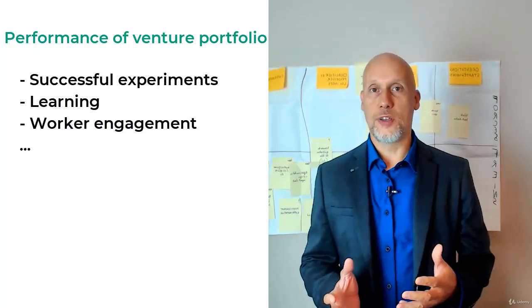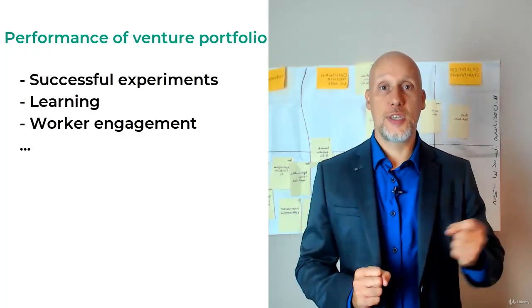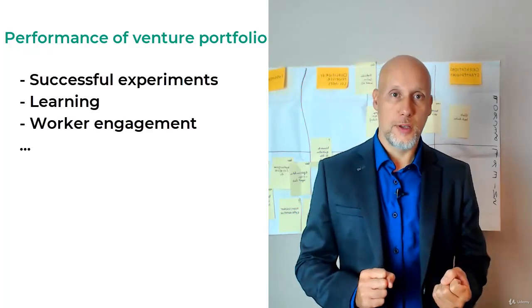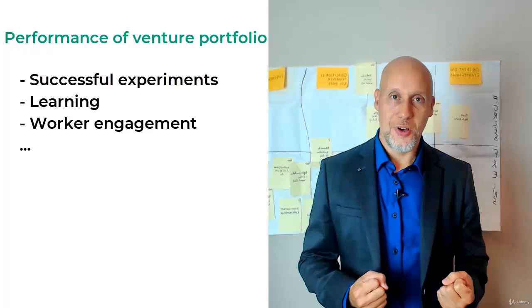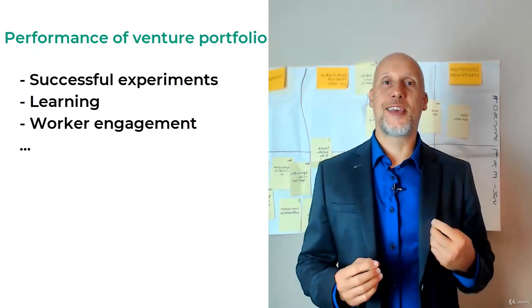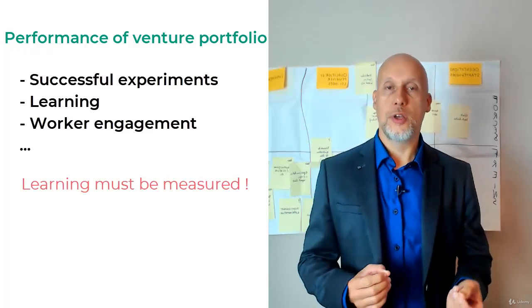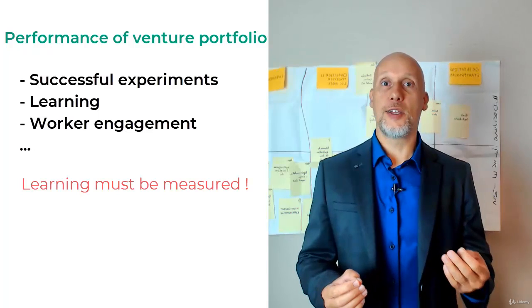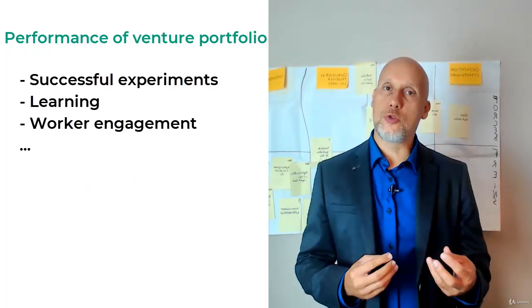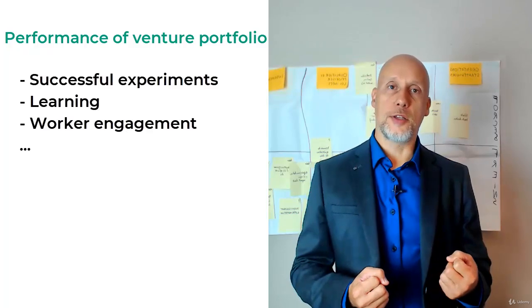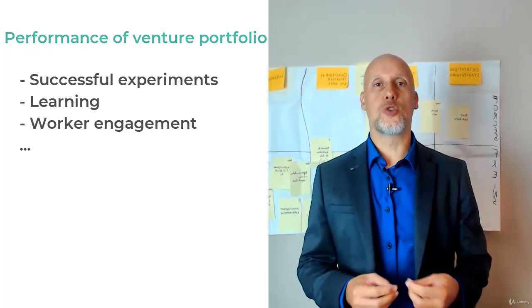The second one is learning, which is key also to achieve the first one. And learning is, of course, not an ROI type of KPI, but it can and has to be measured. There are some techniques, for example, like innovation accounting. And third, often one reason to develop entrepreneurship and innovation is also to engage workers.